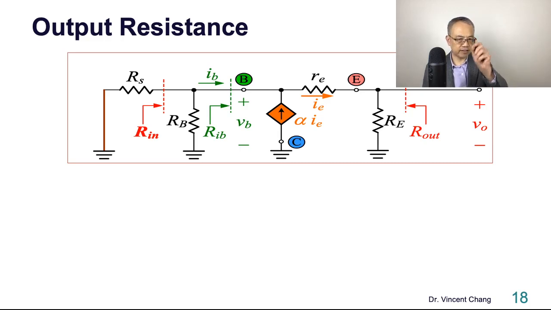And confirm the identity. RE's identity is defined by the emitter, so don't change it. But for the base guy, when it's taken from the base back to the emitter, you have to apply the resistance reflection rule.